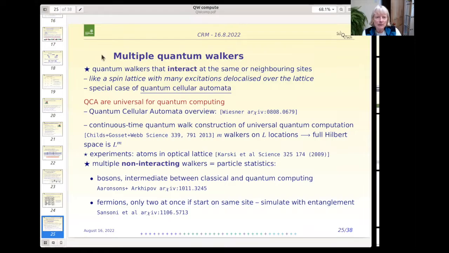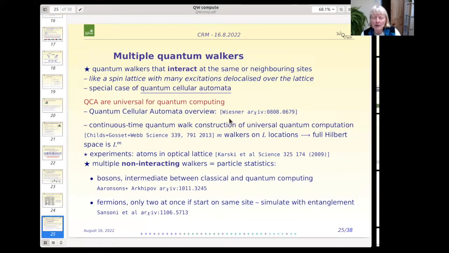And for that, you need multiple quantum walkers, and they need to interact either at the same or at neighboring sites. So it looks like a spin lattice with many excitations delocalized over the lattice. It's a special case of quantum cellular automata, which were already known to be universal for quantum computing.